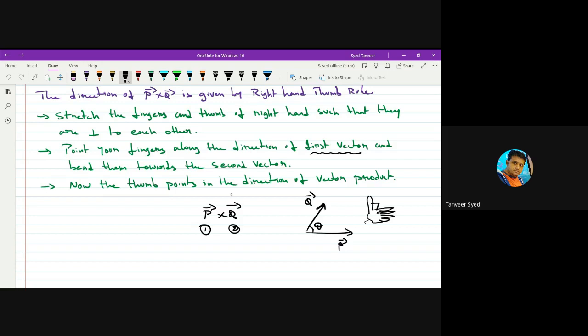Point them along the direction of P and bend them towards the second vector, like this, in this direction. Now your fingers are curled, but your thumb is straight. The direction in which your thumb is pointing is the direction of the vector product.